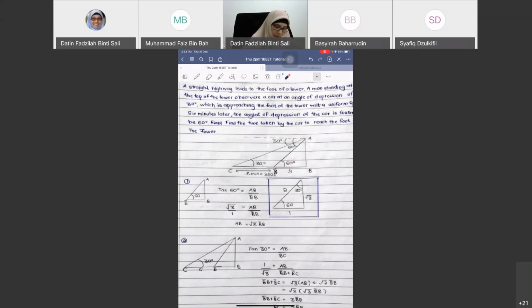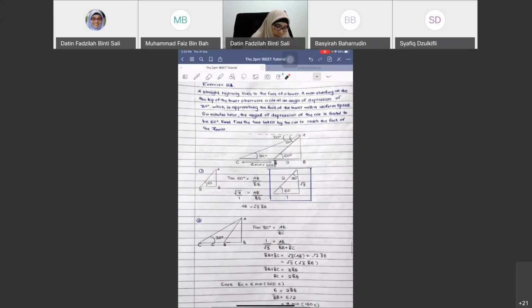All right, let's look at the answer. What we want is to find the time taken from here to here, from B with a bar approaching B. Let's look at this.